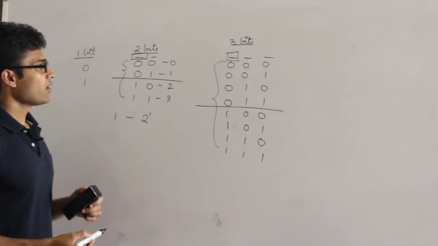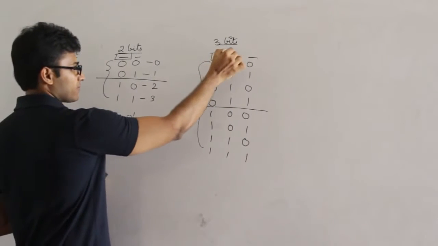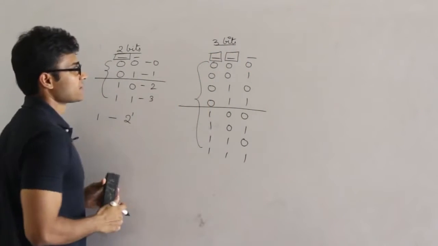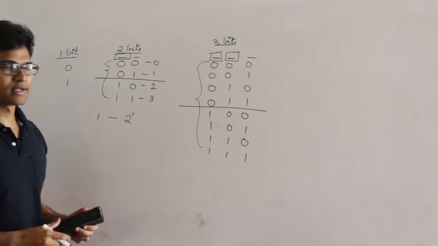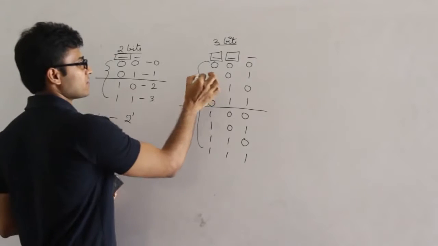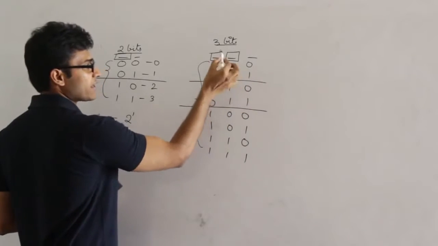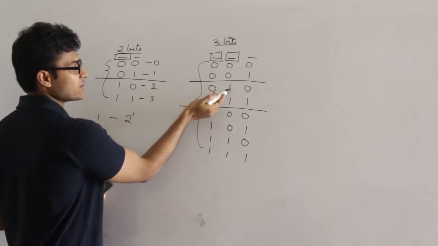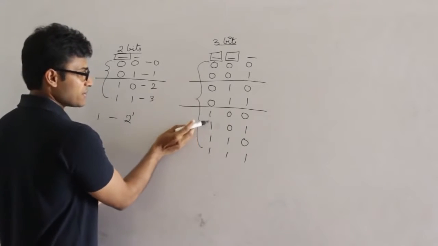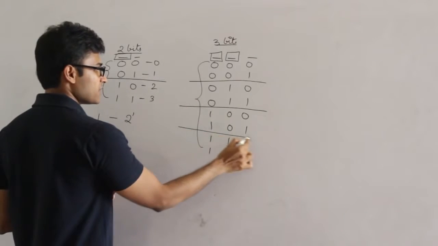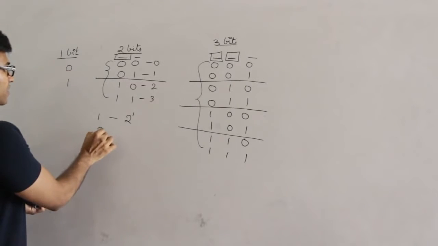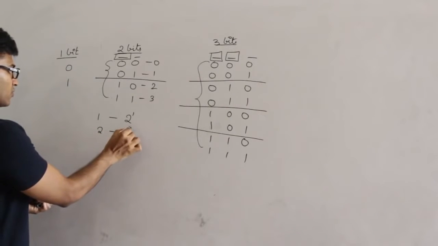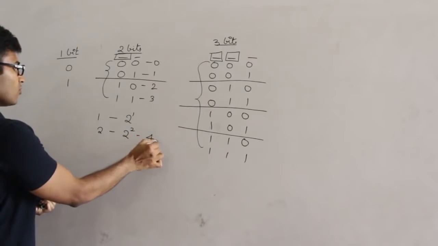isn't it? Now if I choose 2 bits, then I'll be dividing the entire space into 4 parts. One will have 00 in the selected locations, another 01, another 10, and another 11, right? So if I choose 2 bits, I'll be dividing the entire number space into 2 power 2, which is 4 parts.